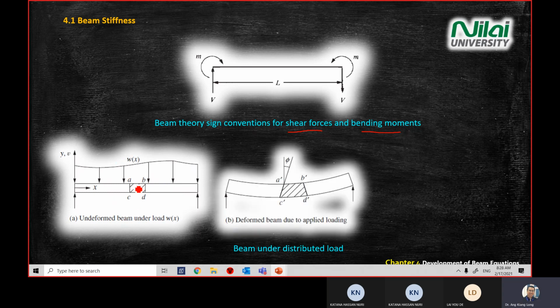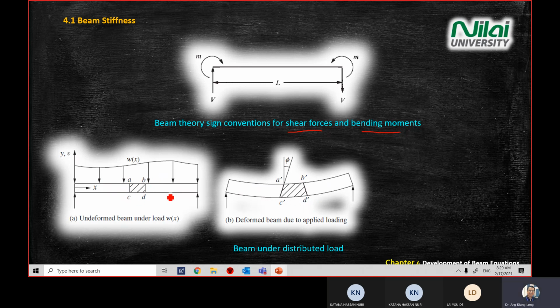All right, so I'm going to show you the second one. After some time when the load is acting on the body, we will have a deformation. So the diagram in the middle here shows you a deformed beam, and we want you to focus on the middle section, where you look at element A, B, C, D. If you compare side by side, you look at points A, B, C, D and A prime, B prime, C prime, and D prime.